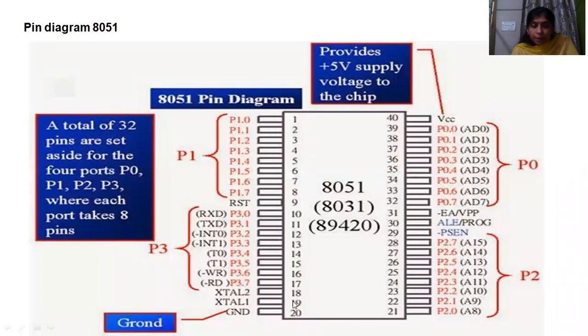Pin numbers 18 and 19 are for the oscillator frequency, the facility of crystal oscillator 2 and crystal oscillator 1. This 20th pin is the ground pin. Pin number 21 to 28, the P2 port is there.